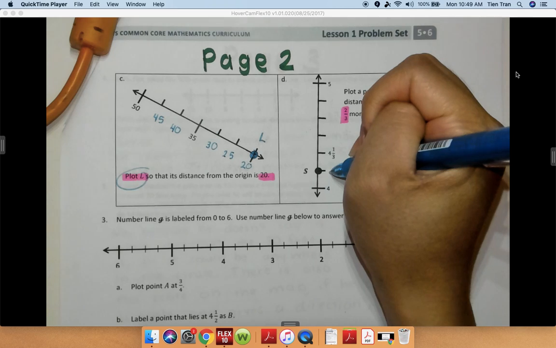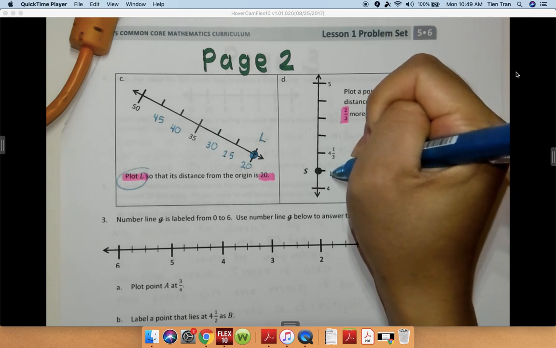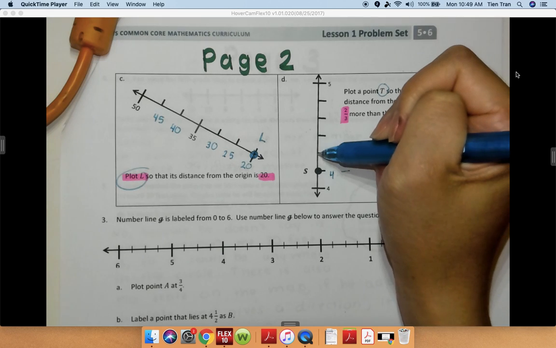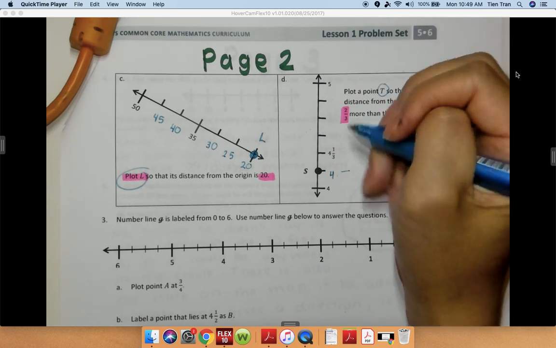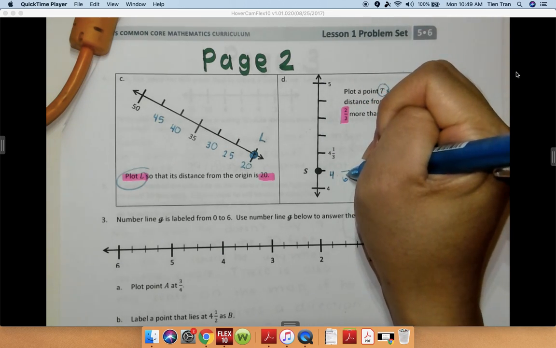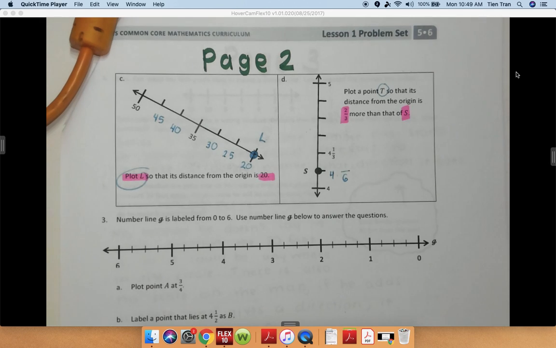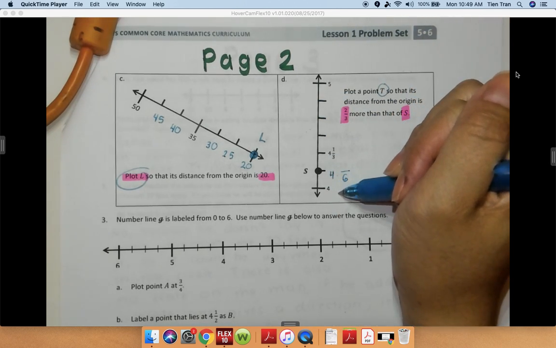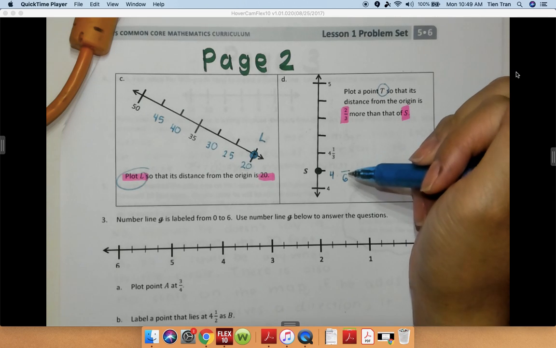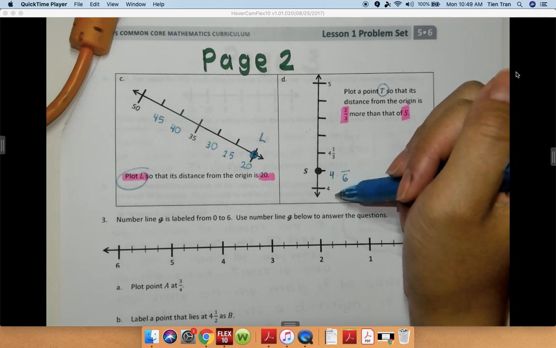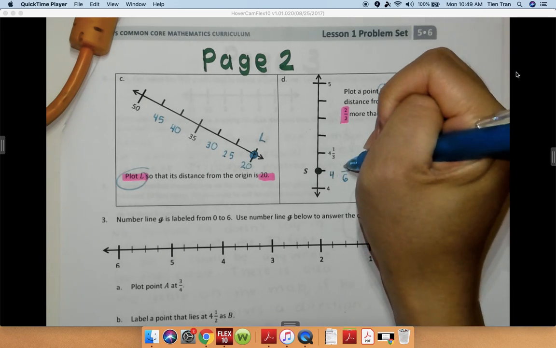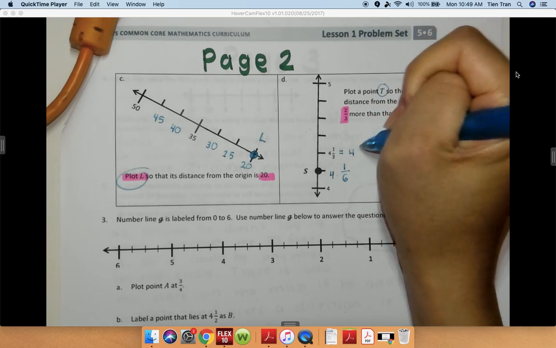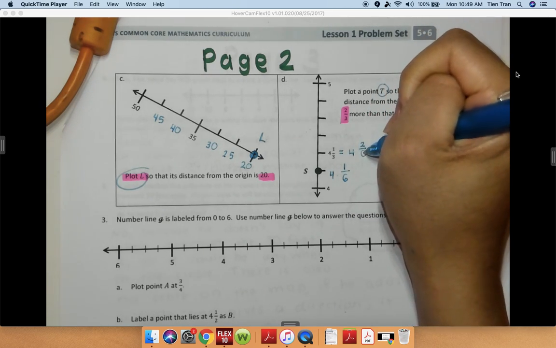And remember when we did fractions, we started with 4, and I said earlier there are 6 of these markers. 1, 2, 3, 4, 5, 6. So I'm writing 6 as my denominator, and I'm figuring out what is my numerator. This is 0/6, and this one is going to be 4 and 1/6, so the next one is 4 and 2/6.